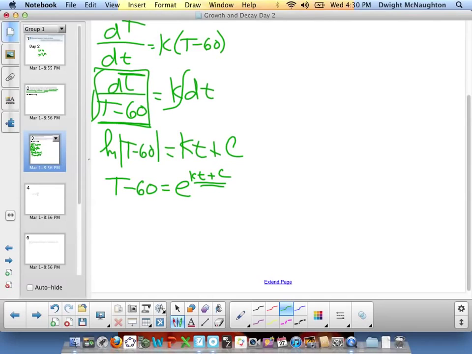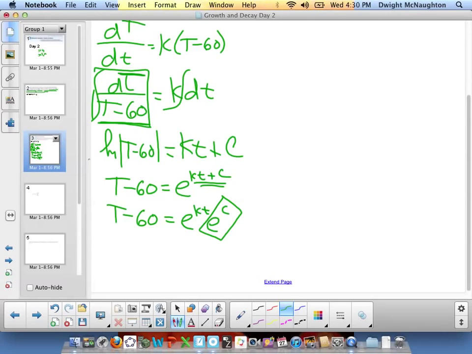We'll apply some exponent rules here. Adding exponents is the same as multiplying powers with the same base. So that's e to the kt times e to the C. What we've got here is e to a constant we don't know. e is a constant, so a constant to a constant is just another constant.